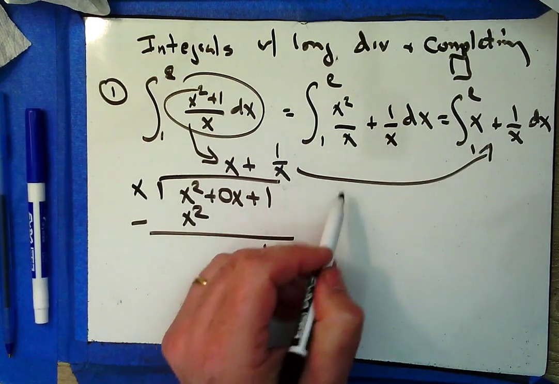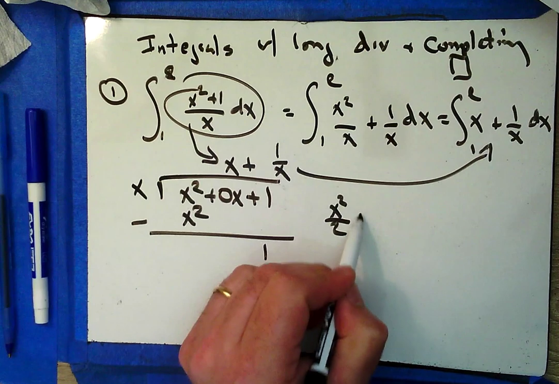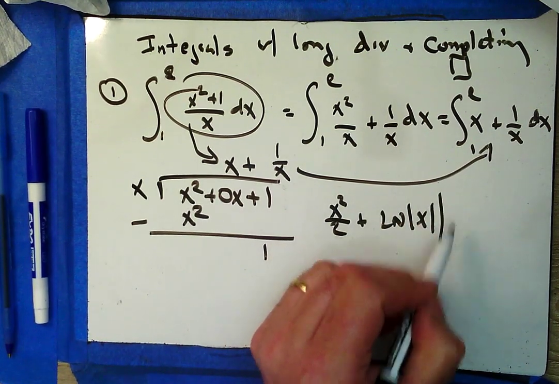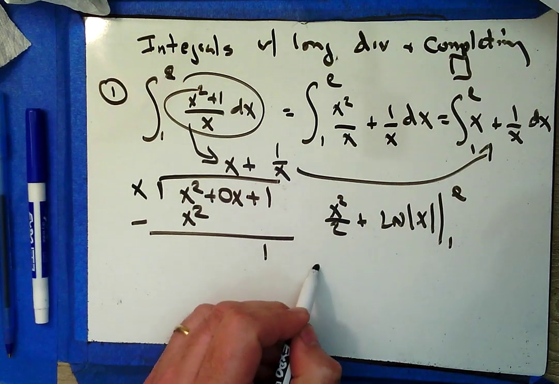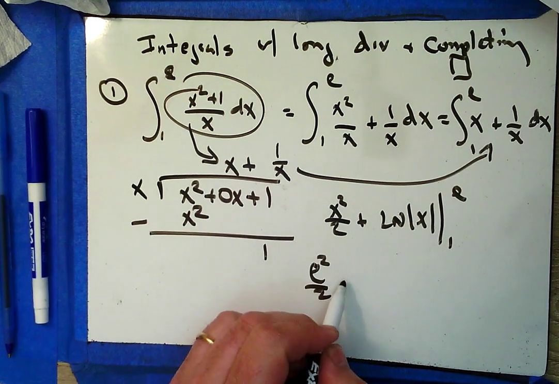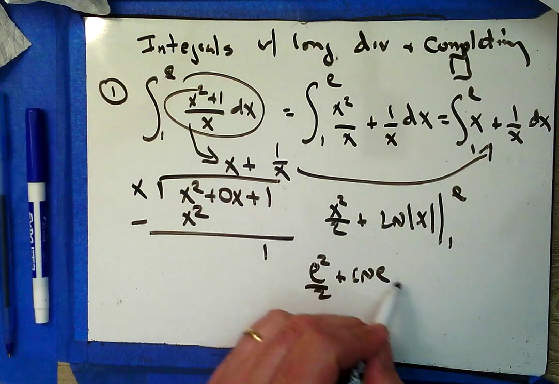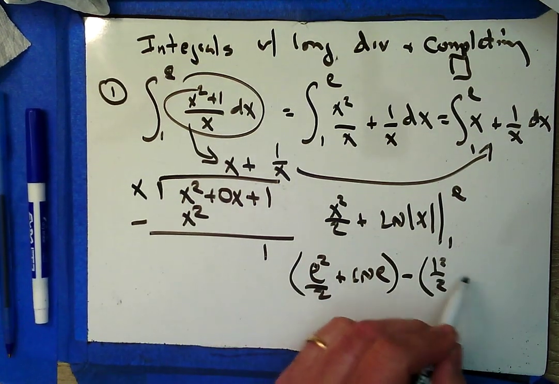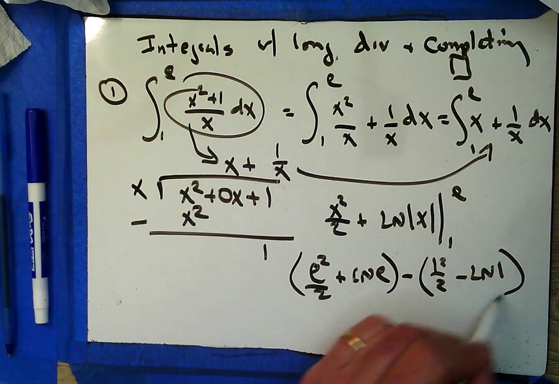So the antiderivative here is x squared over 2 plus ln of x, and I want to evaluate that from 1 to e. So I have e squared over 2 plus ln of e minus 1 squared over 2 minus ln of 1.